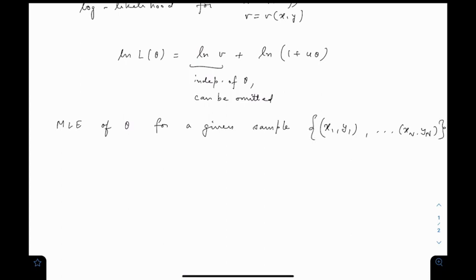with the log likelihood depends only on the observations.